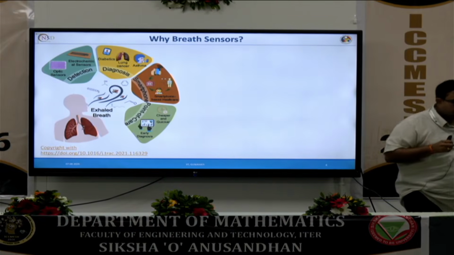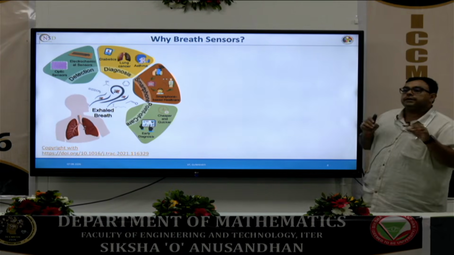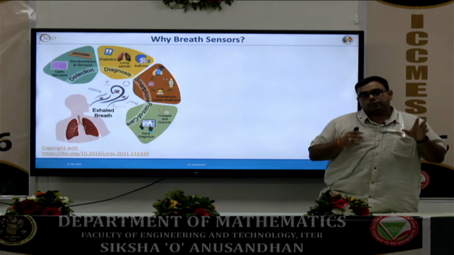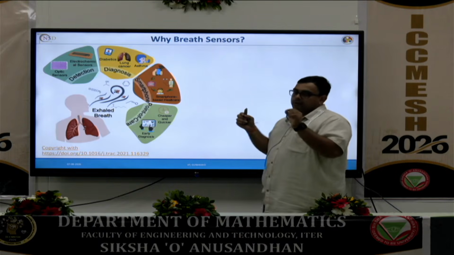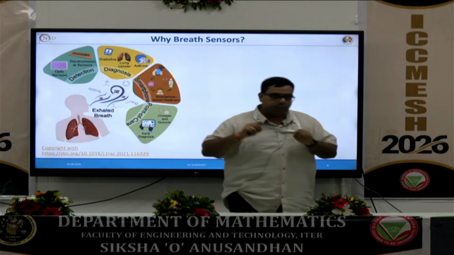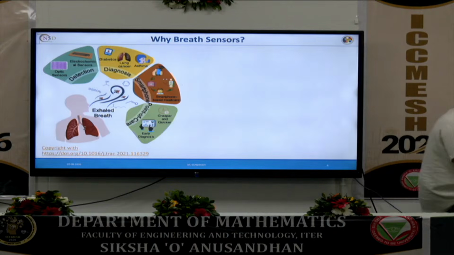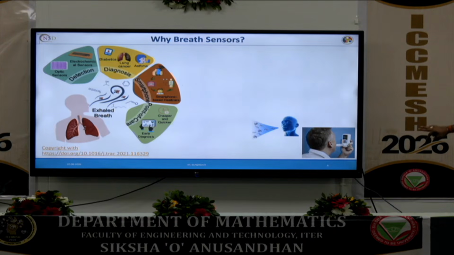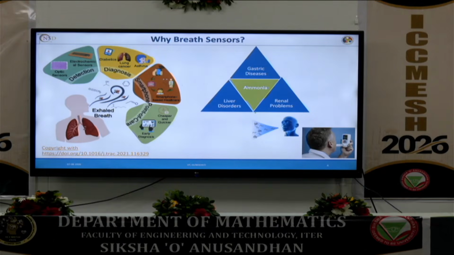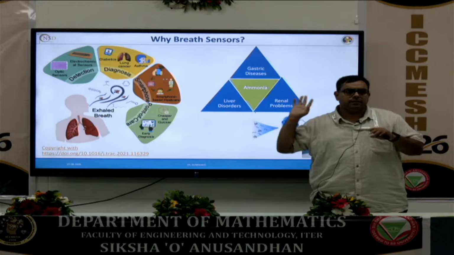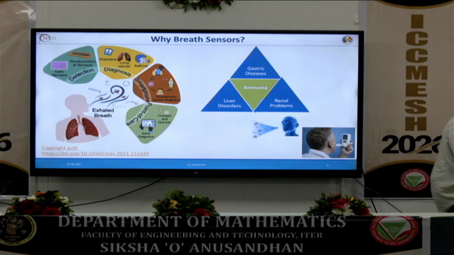Now, with these 4,000 different gases, there have been different clinical trials and clinical reports which suggest that a particular gas, for example, is a biomarker for a particular disease. I will give you one example later on, so you will be more connected. I'm sure you might have seen this kind of device at least on the internet. People are trying to realize this. Consider one particular gas which is very common, ammonia. We have come across these gases in class 5, 6, 7, whatever.